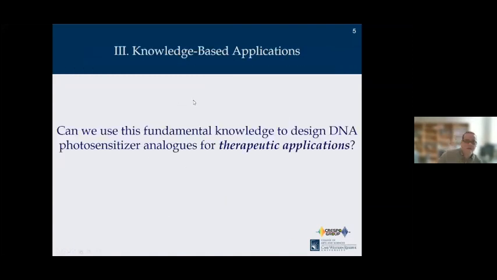And so, as I mentioned in the introduction, can we use this information to generate modified DNA bases and RNA bases for photodynamic therapeutic applications as a photosensitizer?